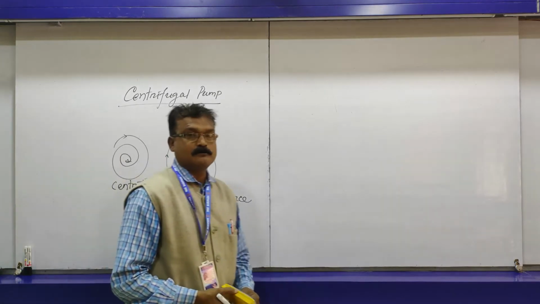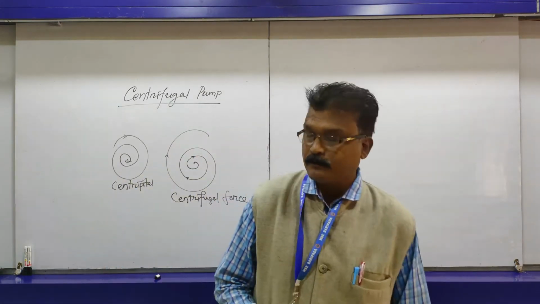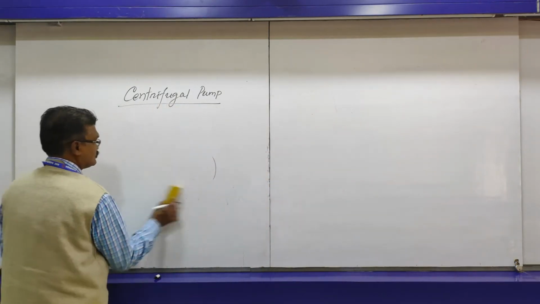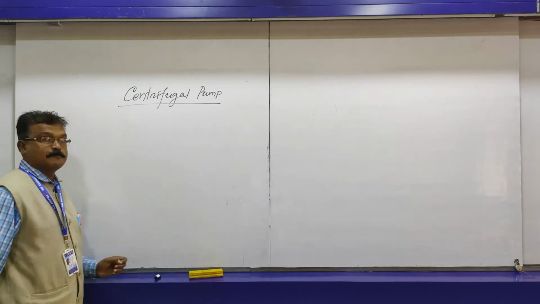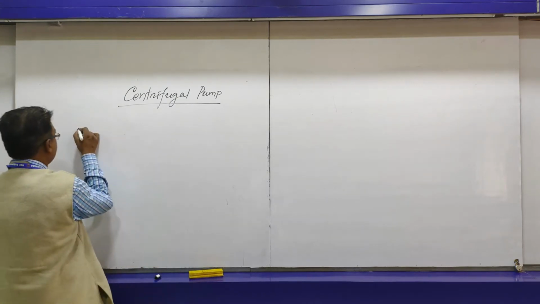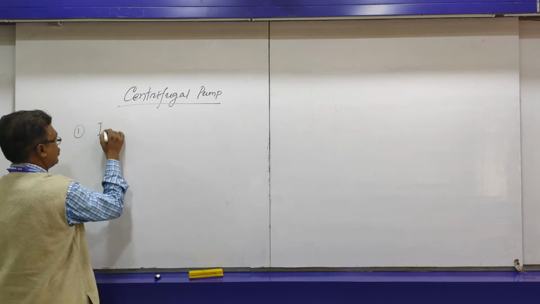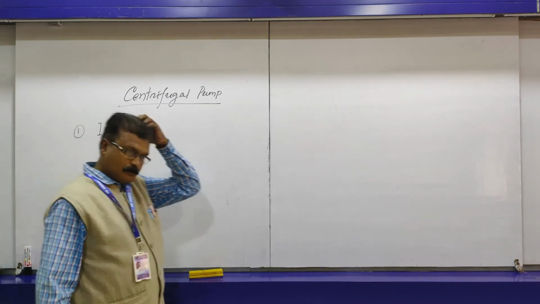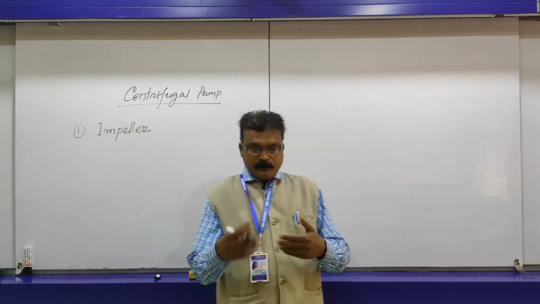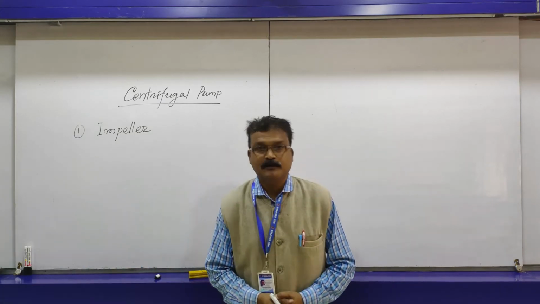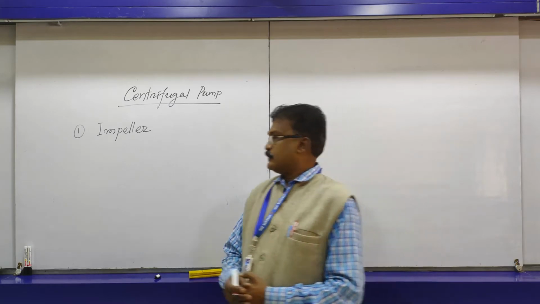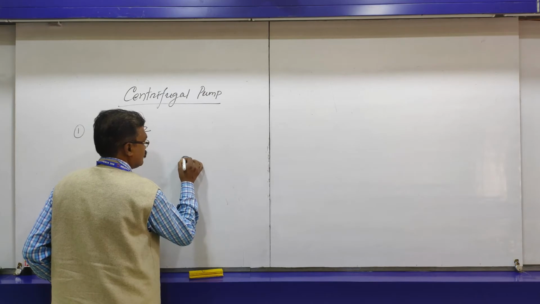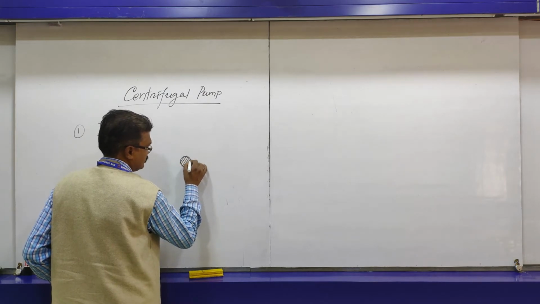Today we discuss the construction of the centrifugal pump, or the components of the centrifugal pump. First, the heart of the centrifugal pump is the impeller. What is the impeller? It produces the energy to circulate the water. In the impeller, the middle one is known as the eye.